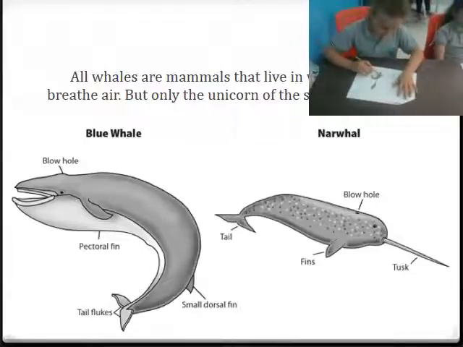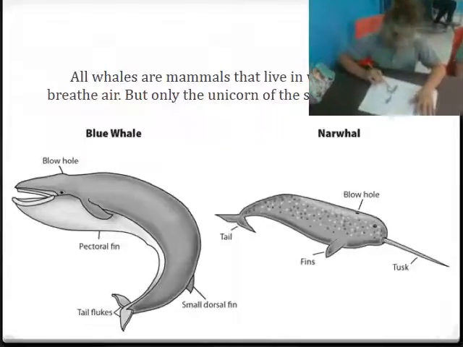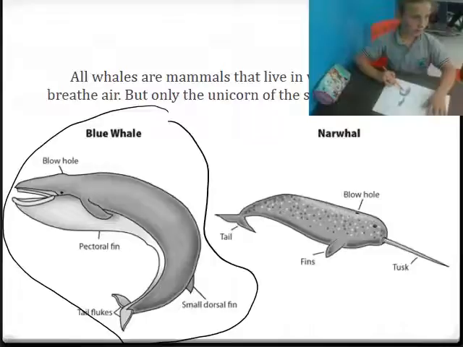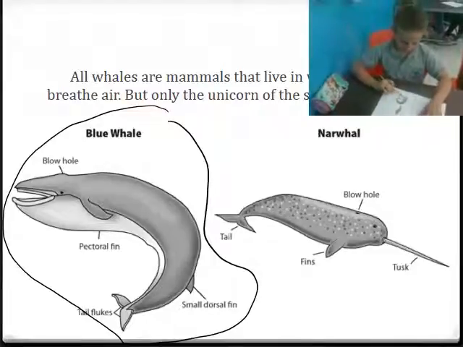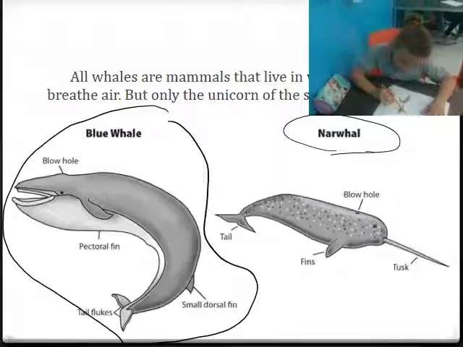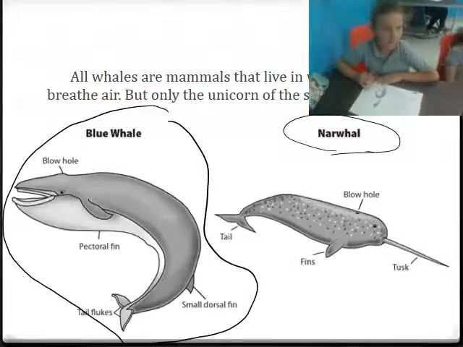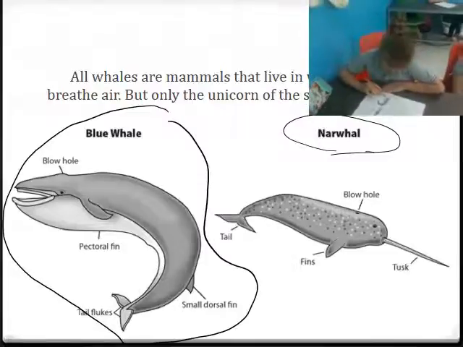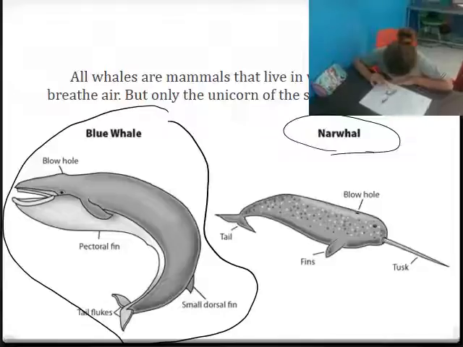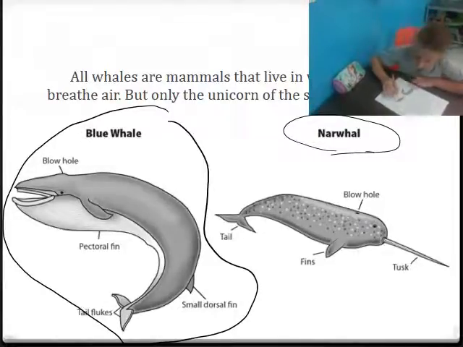Yes, blue whale. Wait, this is a picture of a what? Blue whale. And the other one? This is a what? A narwhal. Okay, what does a blue whale have? A blowhole, fin, tail.